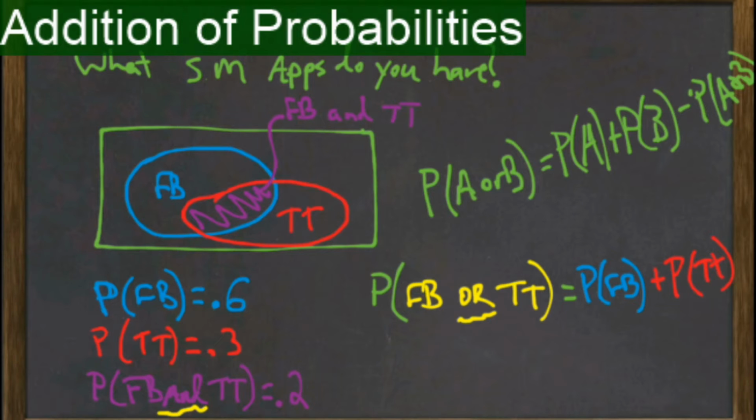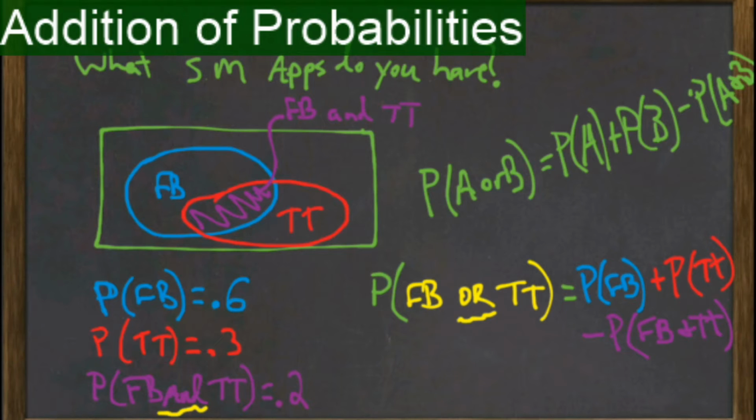But we also need to subtract off the probability of both, because we don't want to double count this.